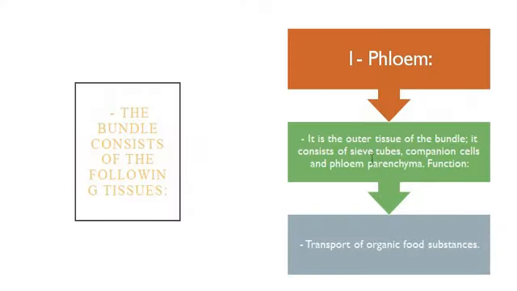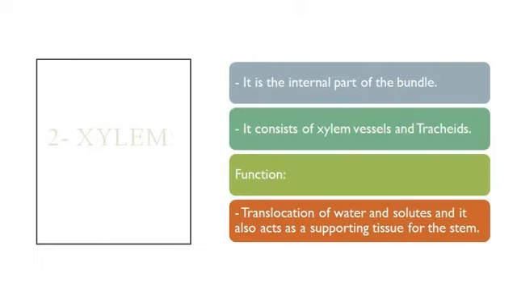Phloem is the outer tissue of the bundle and consists of sieve tubes and companion cells. The sieve tube is a long tissue composed of more than one cell, and their transverse walls are pitted to allow the water and cytoplasm to pass as cytoplasmic strands. So it allows the food to pass through these sieve tubes, and it is helped by the companion cell, which contains mitochondria to give energy to the sieve tubes to move the food.